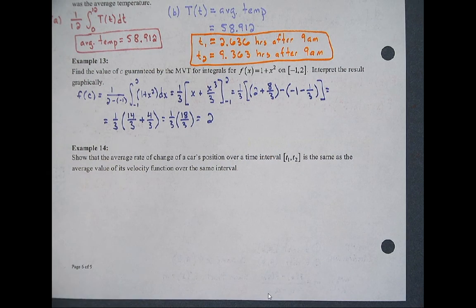Notice I didn't box that in. All that work, we just now figured out that the average value of my function is 2. So between -1 and 2, my function reaches an average height of 2.